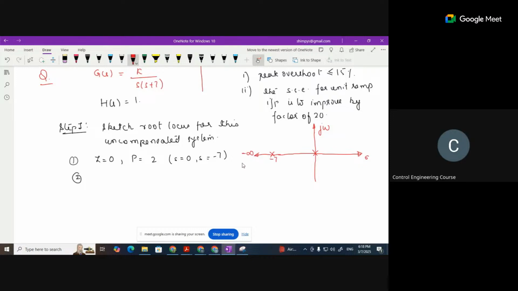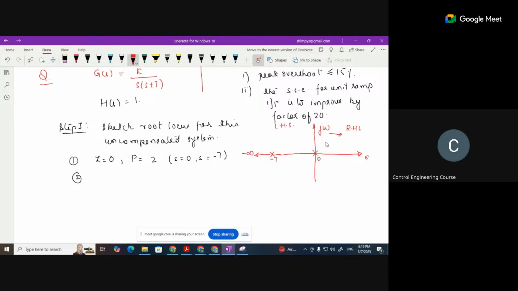Then how do we see where my root locus is going to lie? Last time I told you that root locus originates from poles. So I have to see from 0 towards the right hand side, and this is the right hand side and this is the left hand side of the S plane.